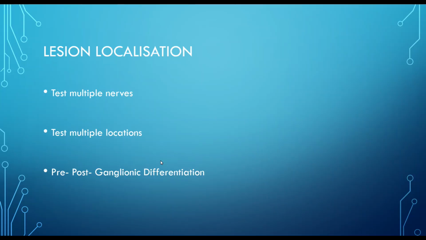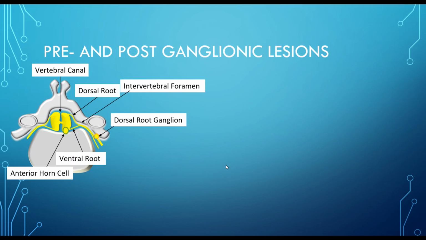So how do we do our lesion localization? We do multiple nerve testing, we test them in multiple locations, and then we look for pre and post ganglionic differentiation. What I'm talking about with pre and post ganglionic lesions is as follows. For the sensory studies, we are effectively testing the sensory fibres to their primary cell.